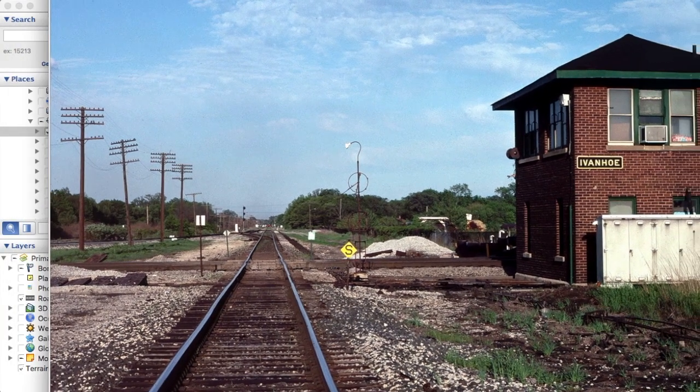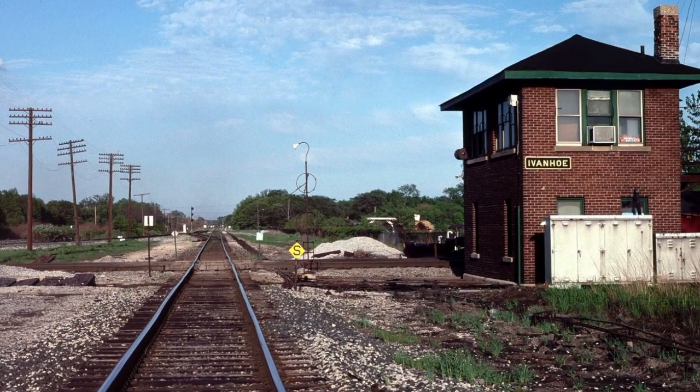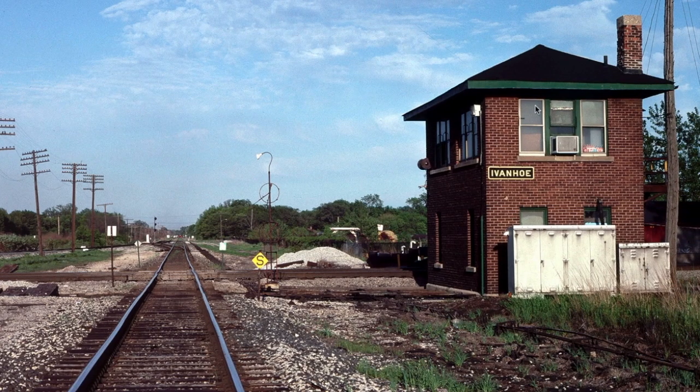You see the double track does not exist anymore. You see the tower sitting right here. You see the order poles. I forget what they call these little poles here, where the engines will roll by really slowly, and somebody, maybe the conductor, somebody in the caboose, or the engineer would just reach out and grab the orders off of the pole here and keep on rolling.